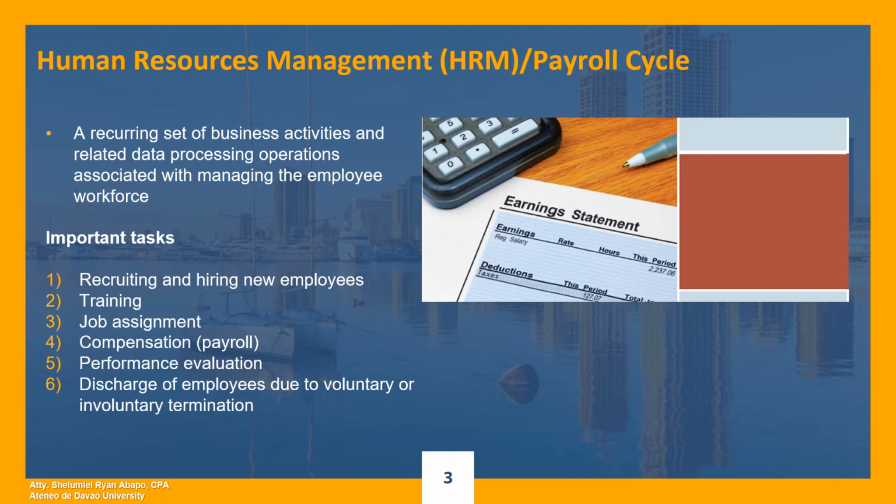In most companies, class, these six activities are split between two separate systems. Task 4, which is compensating employees, is the payroll system's primary function. The HRM system performs the other five tasks, which are tasks 1, 2, 3, 5, and 6.